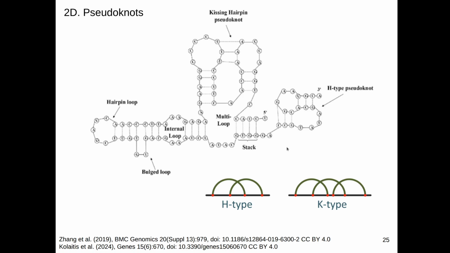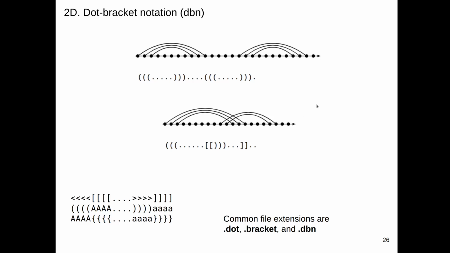There are actually mathematical papers that try to classify all different types of complicated pseudoknots, but luckily from the biology perspective we have only these two types predominantly.